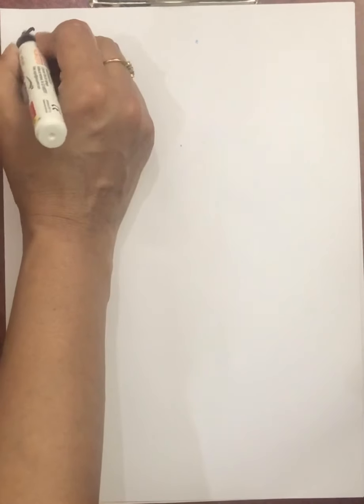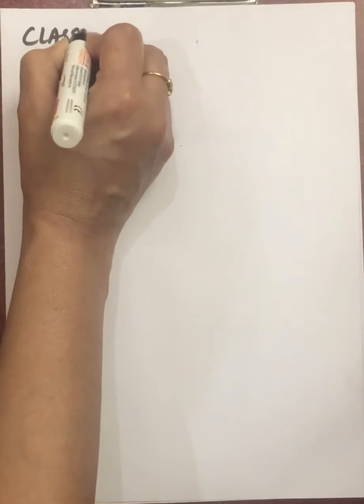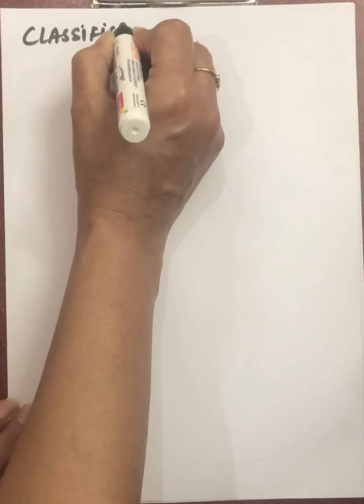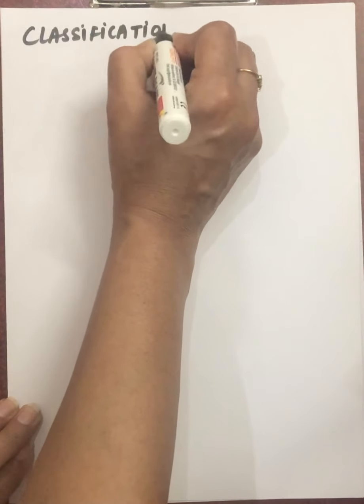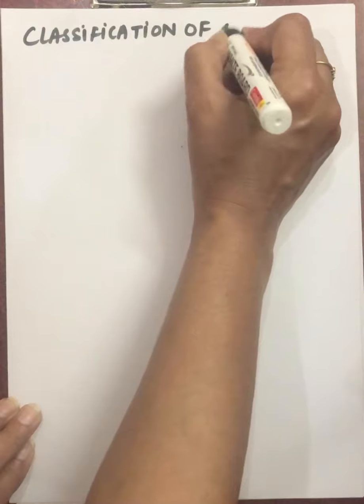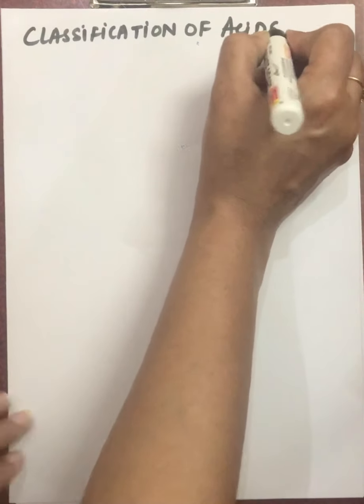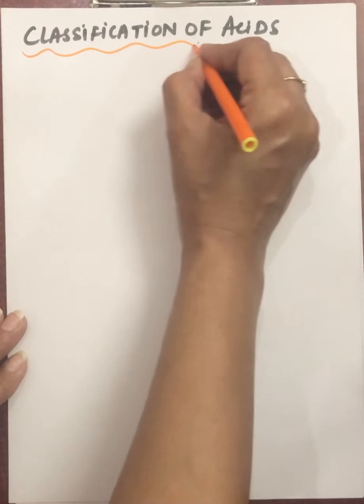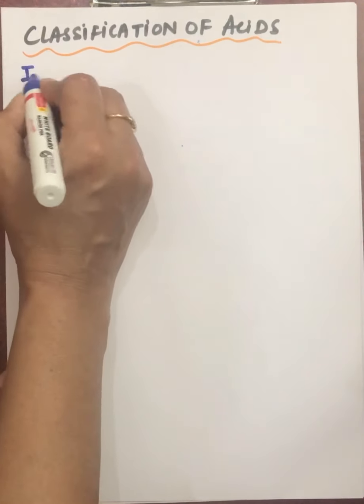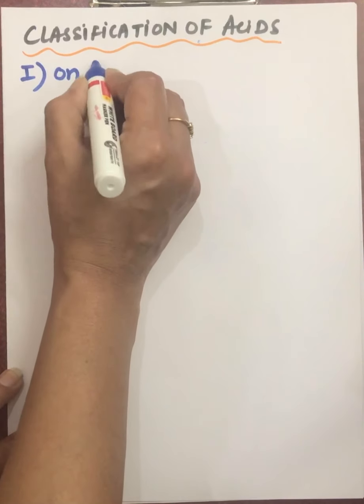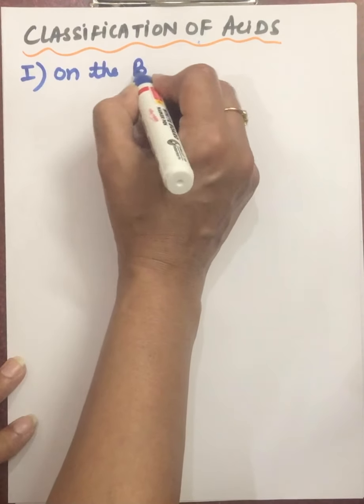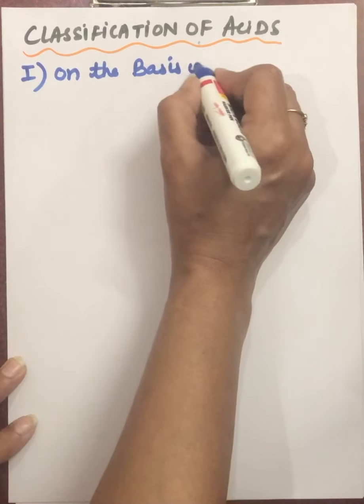How to classify acids? There are several ways to classify acids. The first one we are taking is on the basis of source, from where we are getting it.